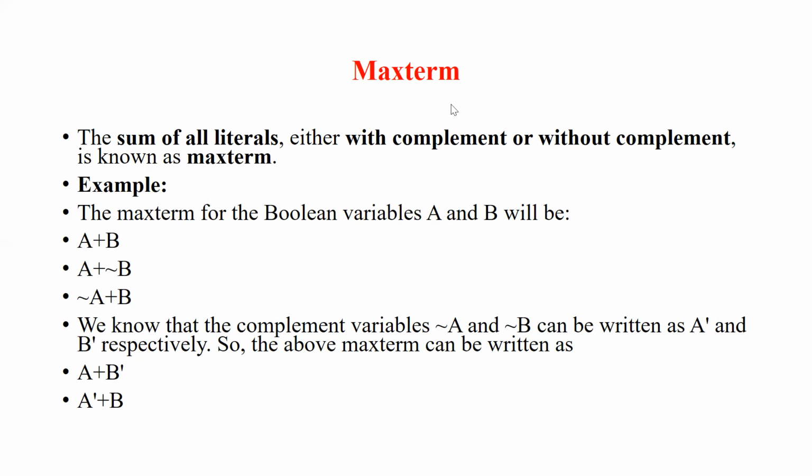So either it is A plus B or A plus B dash or A dash B. Okay, so this is the sum of all literals either with complement or without complement. So that is the max term. So min term is the product of all literals and max term is the sum of all literals.